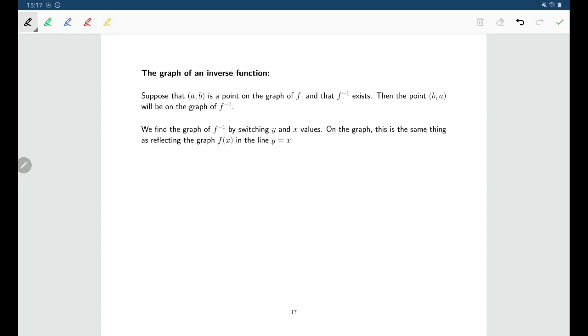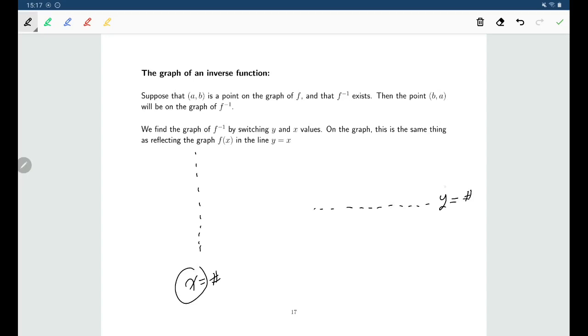The other part that's also true is that f and f inverse are not just switching x and y values, but they're switching all x and y properties. For example, if your graph had a vertical asymptote for f, that would be x equals some number, a vertical thing. That would be equivalent to, on our inverse function, having a horizontal asymptote of y equals whatever that number is.